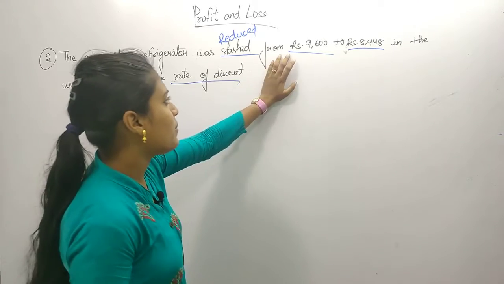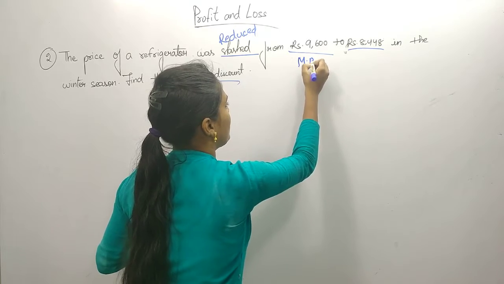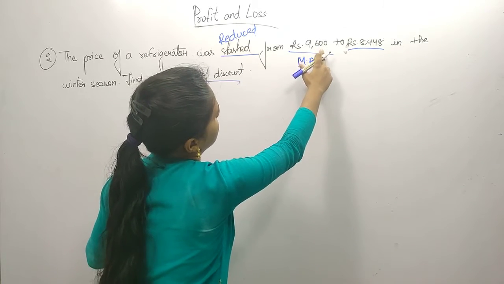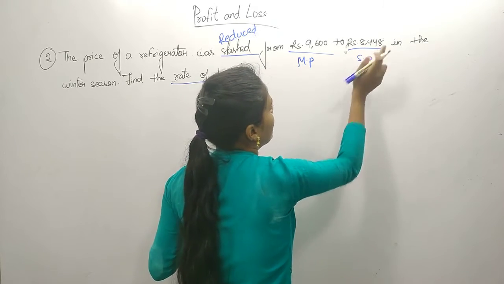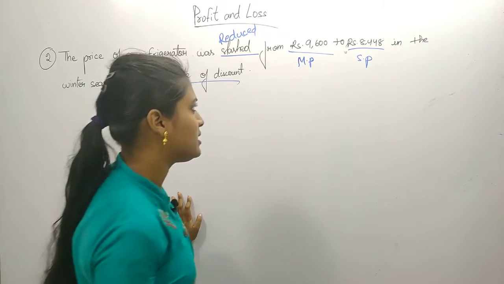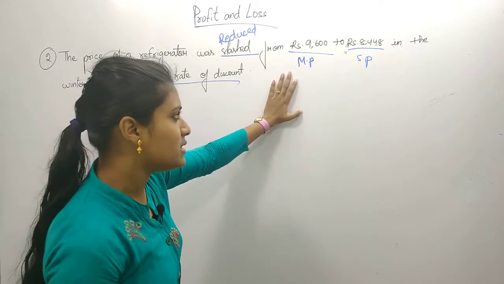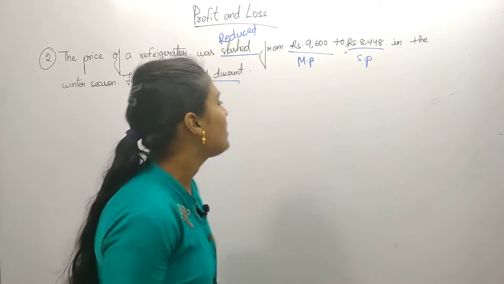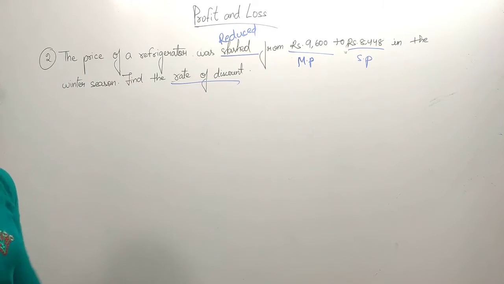The actual market price, MP, is 9600, and the selling price is rupees 8448. You have to observe that market price is given, selling price is given, and finally he told us to find the rate of discount.